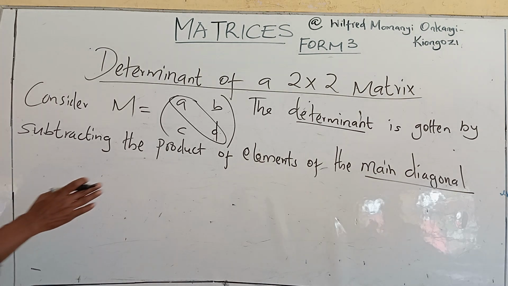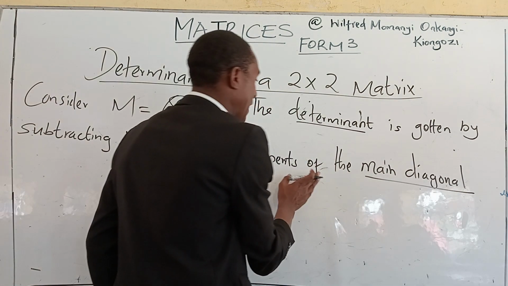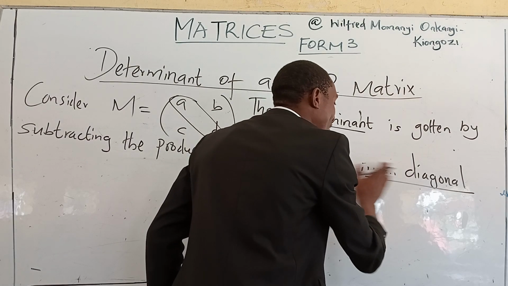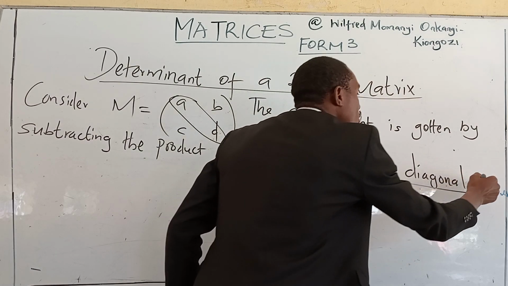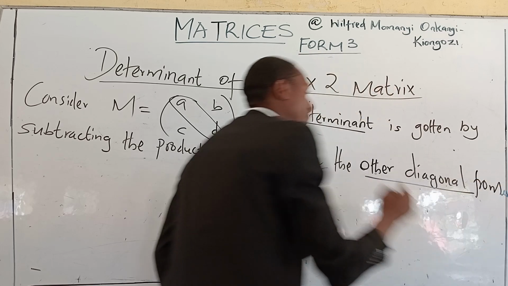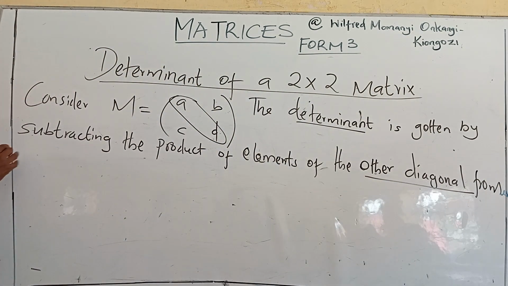Sorry, I want to change this. We subtract the elements of the other diagonal from the product of the main diagonal.